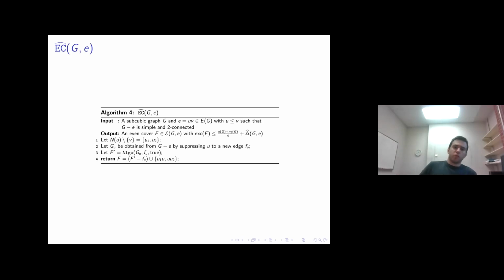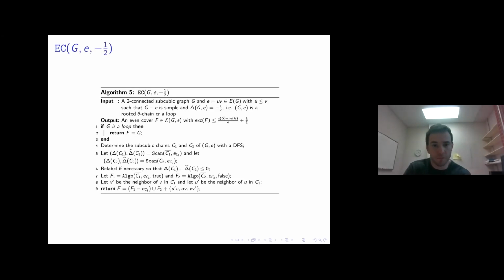The first one is easier. It's EC hat, and it's just asking for a spanning even cover that avoids the edge, so it reduces down to GUFU as we've seen before, and you just recursively call the algorithm. EC is the even cover. It finds an even cover that uses the edge E, and it has 3 inputs.